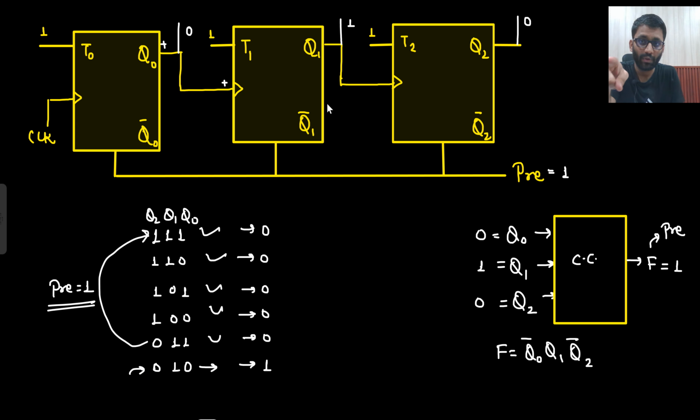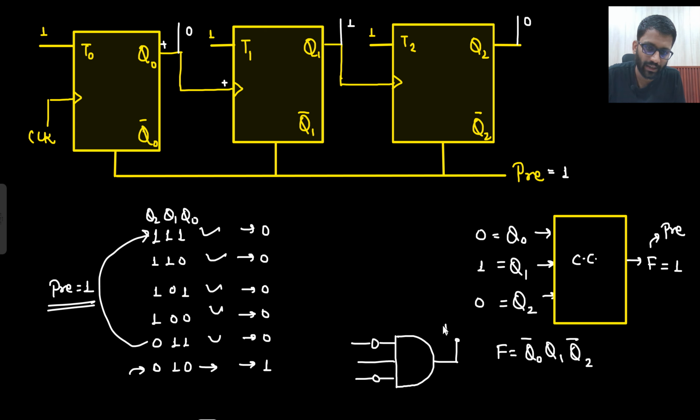So what are you going to do? You will take the pins of these outputs. Then one inverter, one goes as it is, then another inverter. So these pins I have taken out, then I will connect them to an AND gate, and the output of this AND gate I will call pre. So I will call this pre, and this is my AND gate.